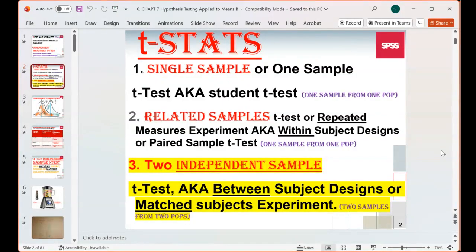And that's the topic that we will cover next week or week after that. So tonight we're going to go over two independent sample, also known as between subject design or matched subject experiment. You don't have to say the two, so it's just independent sample t-test. We'll do it.